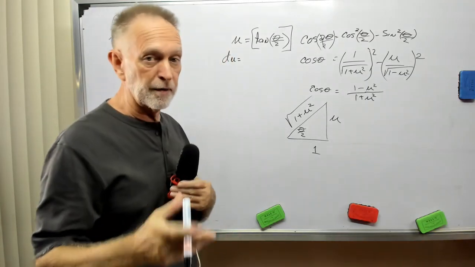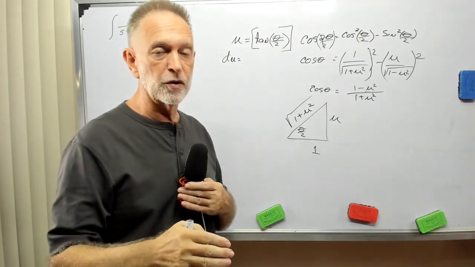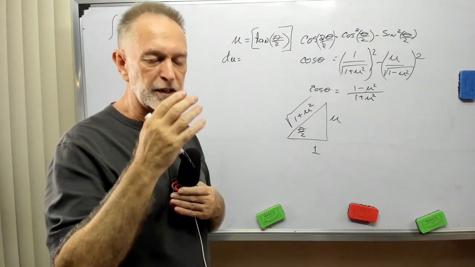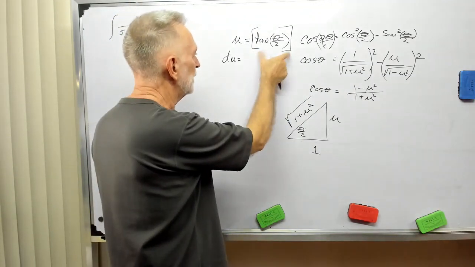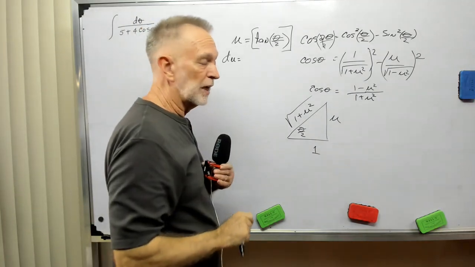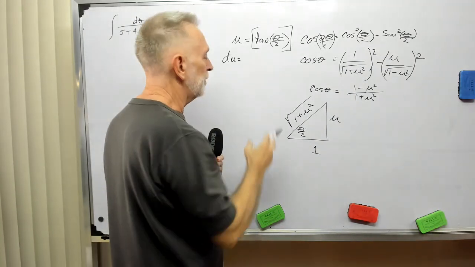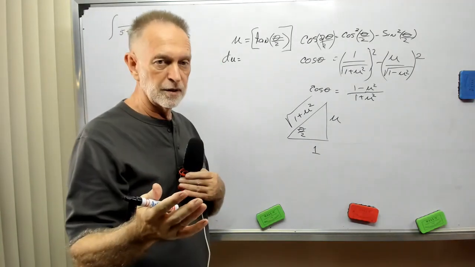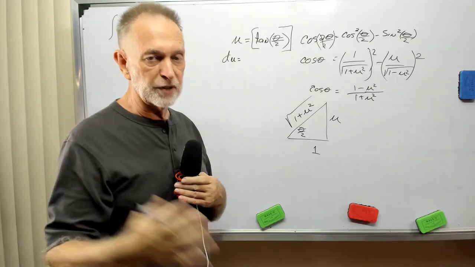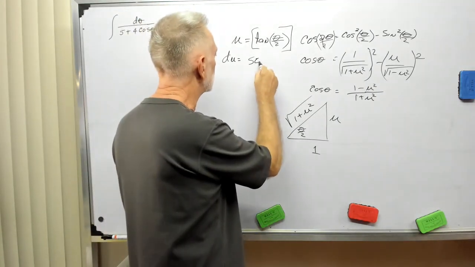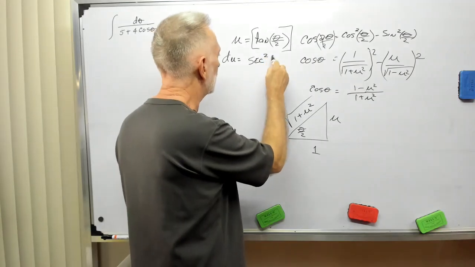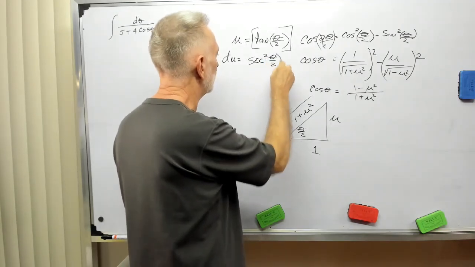So in your derivatives, calculus 1, you learn the general, or the chain rule. Taking the derivative of the outside function times the derivative of the inside function. So the derivative of tangent of any angle is secant squared. Secant squared, what? Theta over 2.